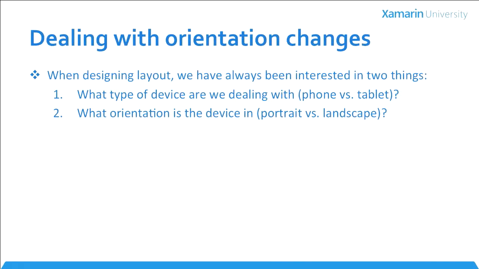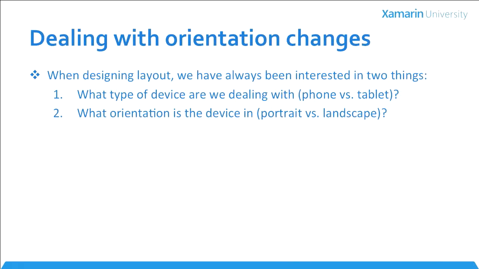So when we create our UI, we've always been interested in two factors for our screen design. So we think about what type of device we're using, and that's known as the idiom. Is it a phone? Is it a tablet? And then what orientation is the device in?